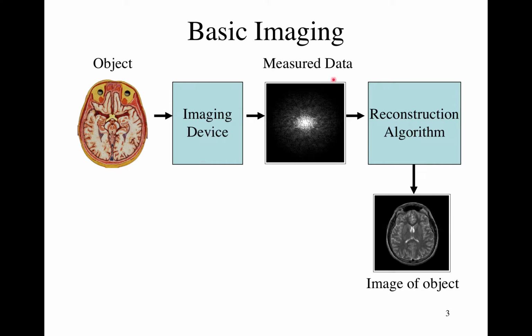And so we have raw data that we've measured after putting the patient in that device. In MR, this raw data is very easy to describe. It turns out it's the Fourier transform of the object. In CT, it's X-ray attenuations in space from the object. These raw data are then passed through a reconstruction algorithm, and reconstruction algorithms run the gamut.